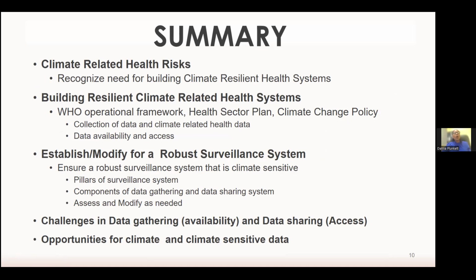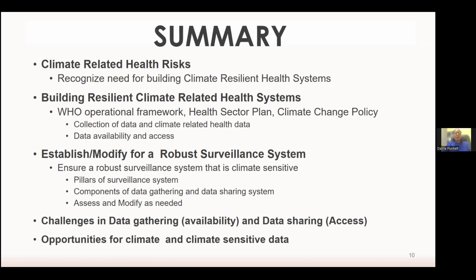And of course, in terms of our surveillance systems, there's always room for modification as the risks increase and as these risks are assessed. You're able to look at the system and modify accordingly so that you're able to capture the data that is required, and integrate where necessary with data from other stakeholders.